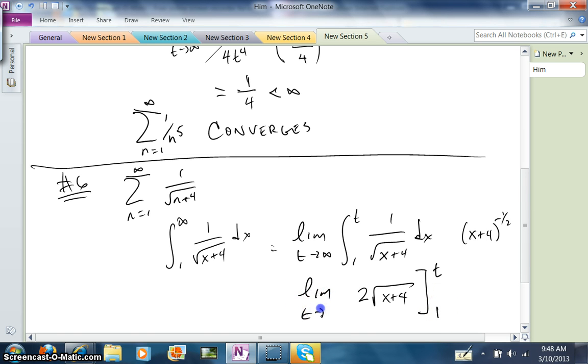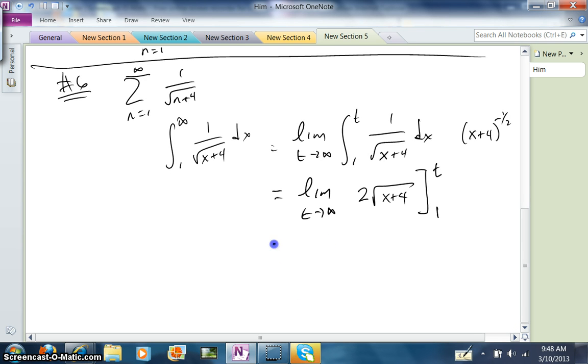And then take the limit. Plugging in t here, I get that, and then plugging in the 1, I get 2 root 5. Okay, now as t goes to infinity, I get root infinity.